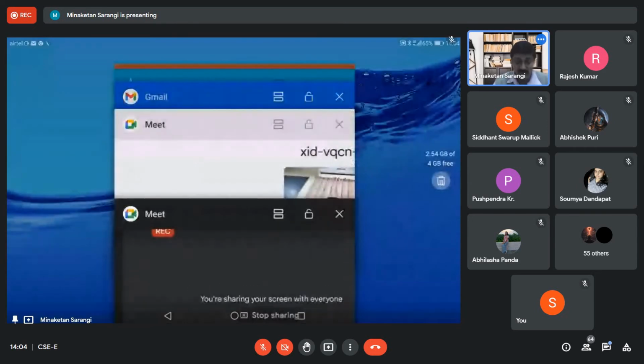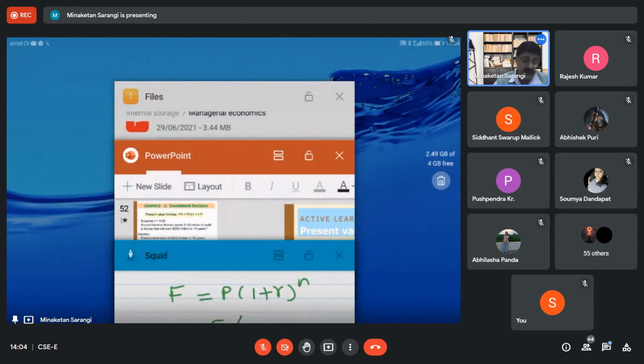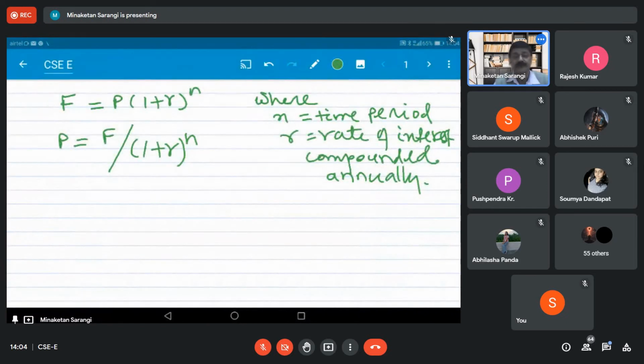Now we will continue with this analysis further. Yesterday we discussed how we can find out the future value of money. Here in this formula, F refers to the future value of money, P refers to the present value of money, R refers to the rate of interest, and N is the time period.